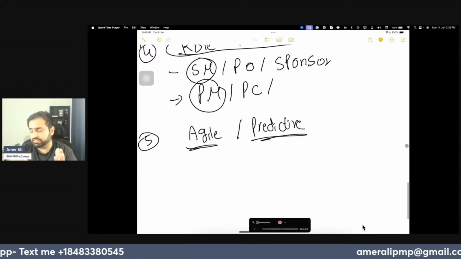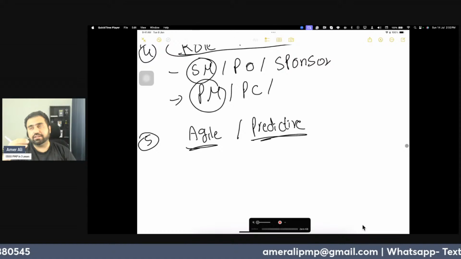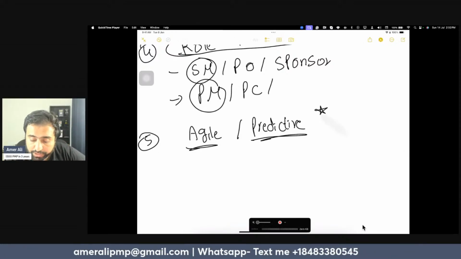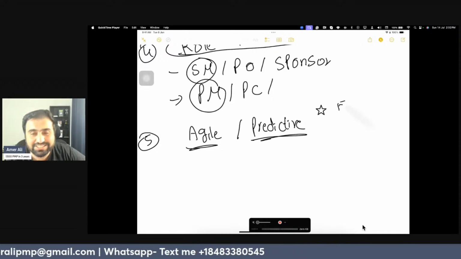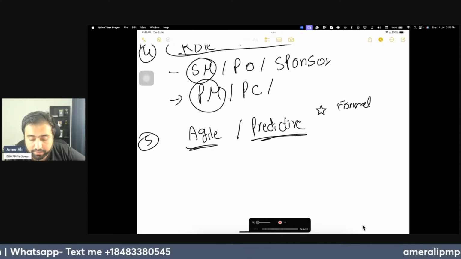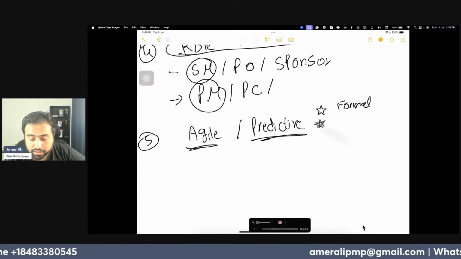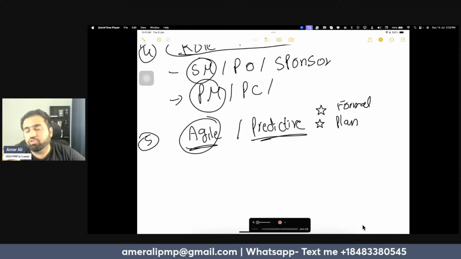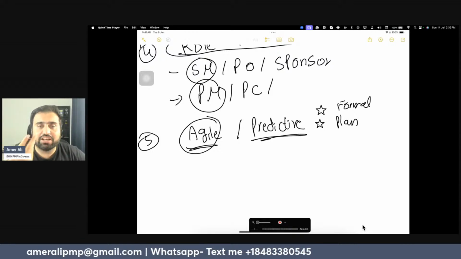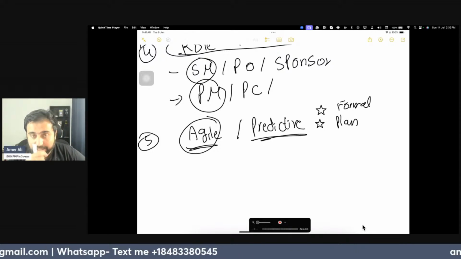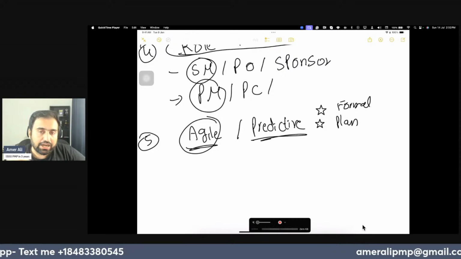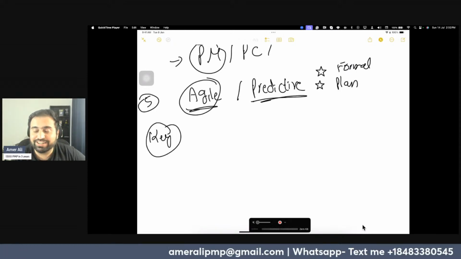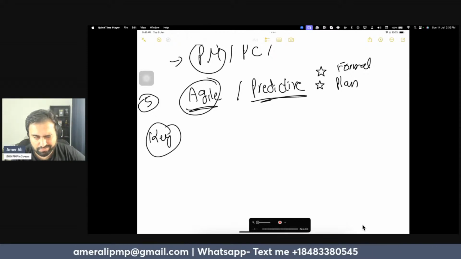Why is it beneficial? If it is predictive, then this means I need to raise a formal change request. If it is predictive, all the plans will be there, communication management plan, things like that. If it's agile, I will follow the 4 values, agile mindset, and things of that nature. That's important, right? Now here comes a very key point for you. What we say, trick of the trade.